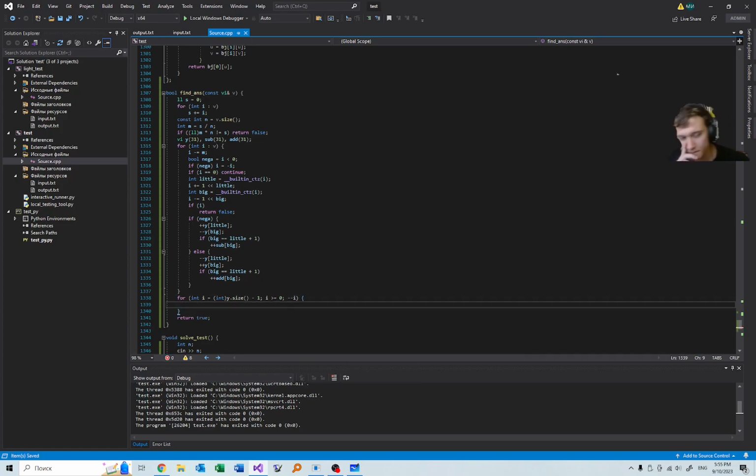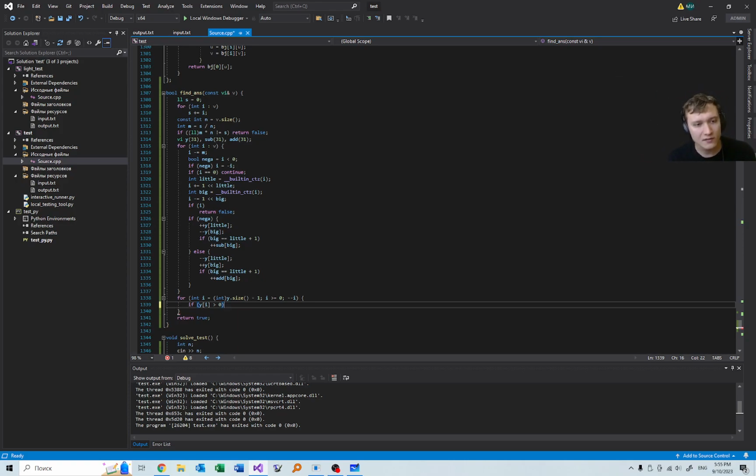From top to bottom, and we look at the numbers. So we look at yi. So if yi is greater than 0, then what we need to do? We need to undo several addings. Yes?